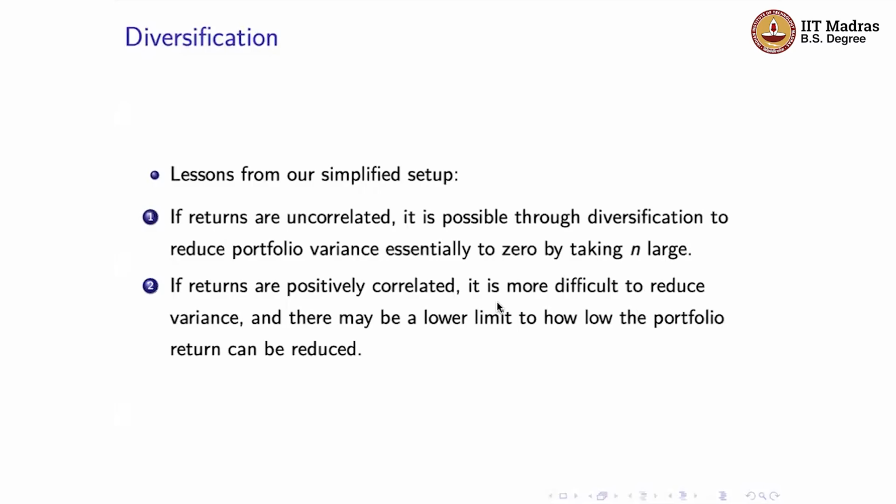The first lesson is that if the returns are uncorrelated, then it might be possible through diversification to reduce the portfolio variance essentially to zero by taking n to be large enough. And secondly, if the returns are positively correlated, then it is much more difficult to reduce the variance. In fact, there may be a lower limit to how low this portfolio variance can be reduced, just as we have seen before.